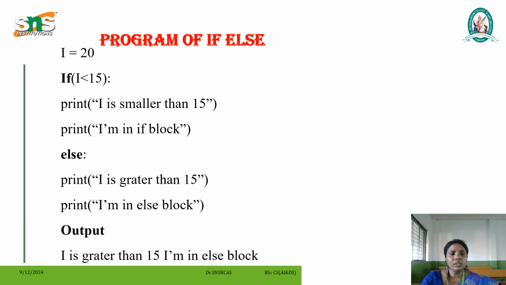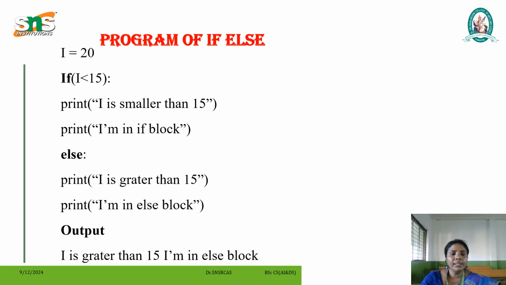If the condition is true, the if part will display. If the condition is false, the else part will display. We check 20 less than 15, and here the condition is false, so the else part will print.